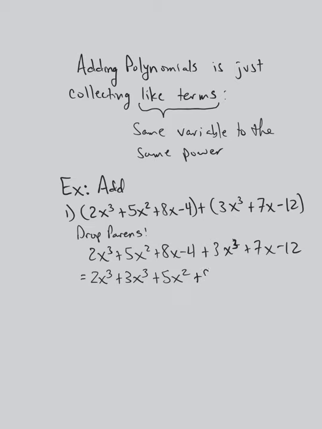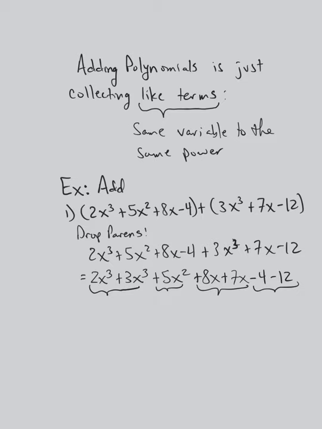And then I have plus 8x, and notice that there is a 7x term here, so I would say plus 7x. Okay, and then we have our constants, minus 4 and minus 12. And what that does is group together the like terms. Now that 5x squared doesn't have one, so I'll just group it by itself like that.